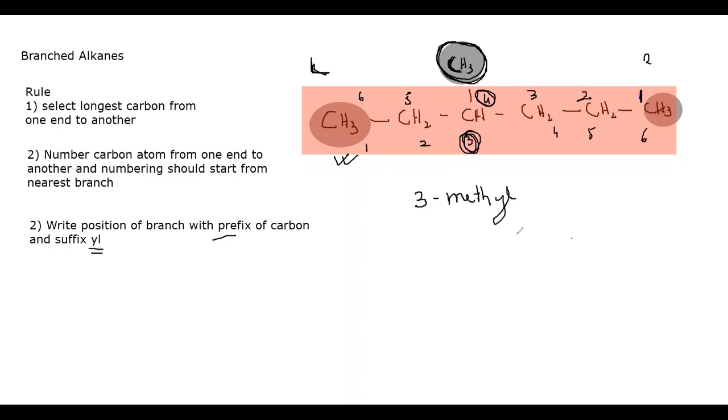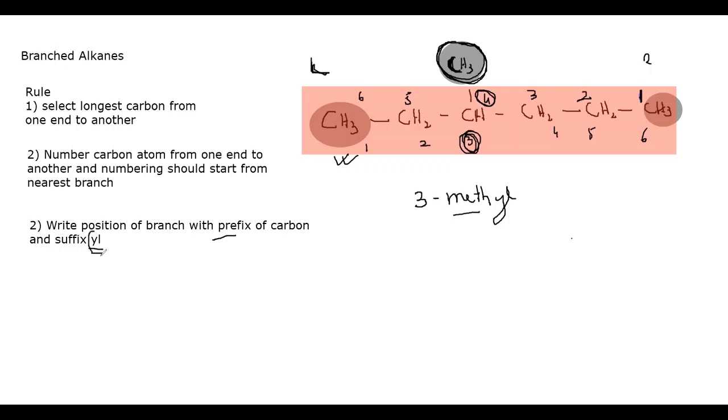Sir, didn't we just select the longest carbon chain? This is a rule for naming the hydrocarbon. So first we name the branch and then we name the chain. So how to name the branch? Which position do we have a branch? We have a branch at the third position. The branch contains one carbon atom, that's why it's meth.